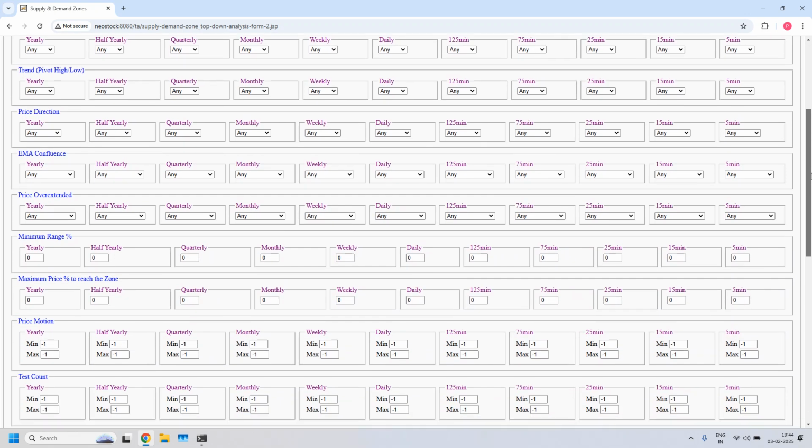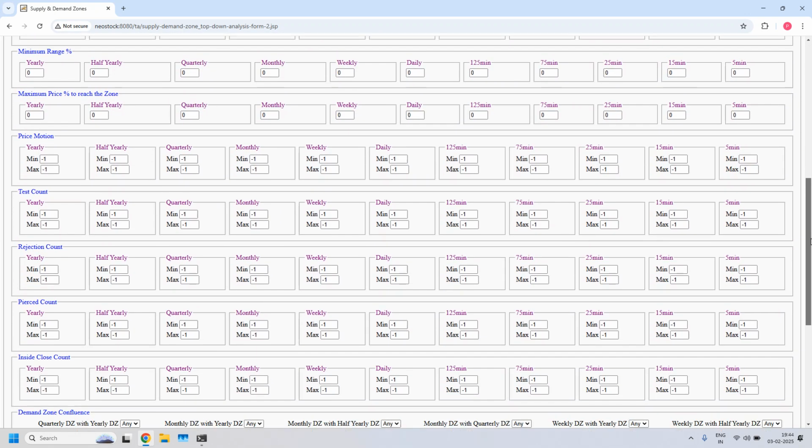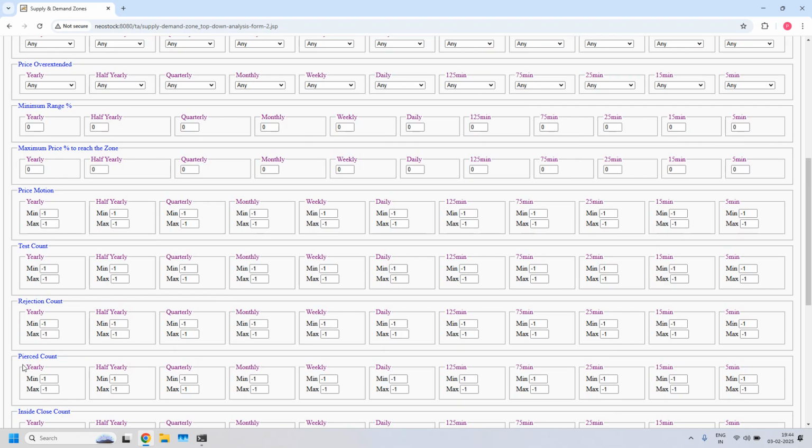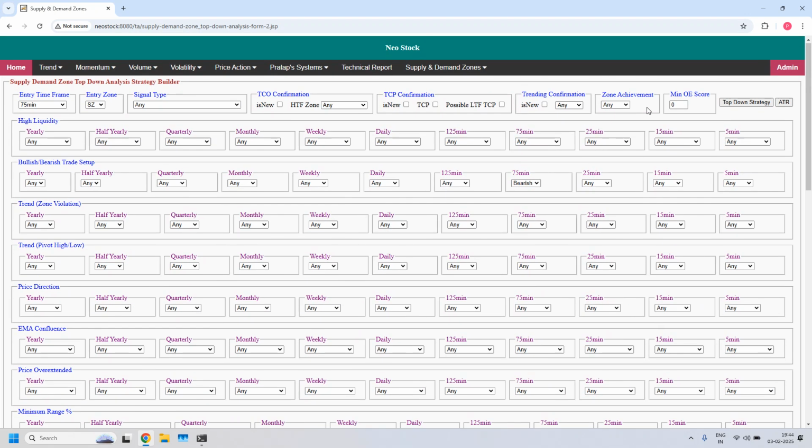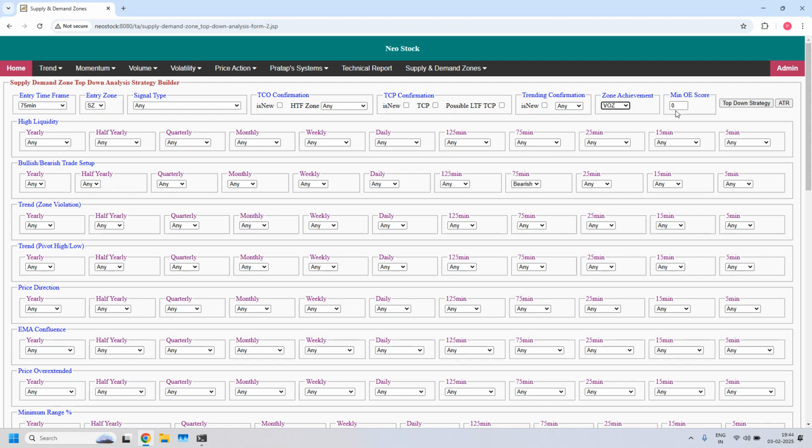First filter, 75 minutes supply zone should not be pierced. So in the pierced count parameter at 75 minutes time frame, I am setting minimum value 0, maximum value 0. Zone achievement violated opposing zone, minimum odd enhances score 12. All three filters are applied to 75 minutes supply zone.